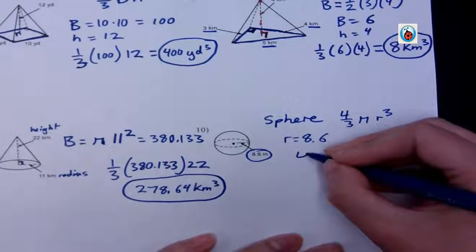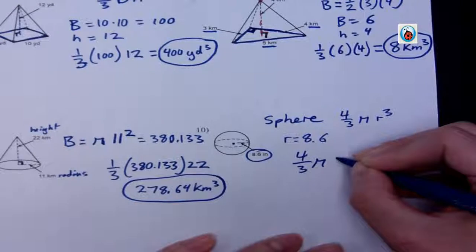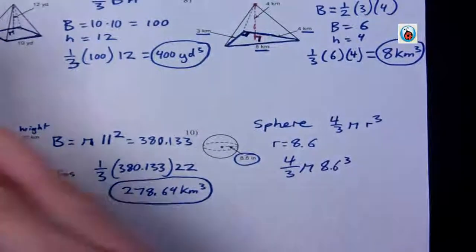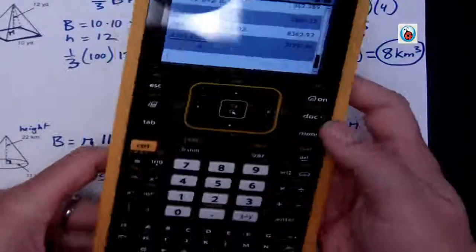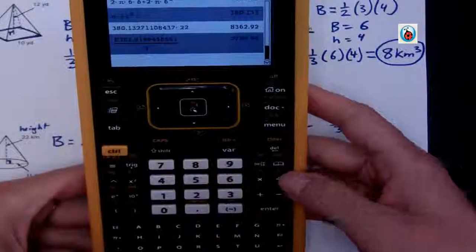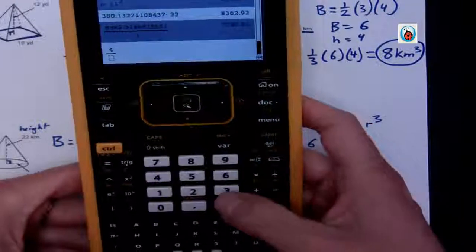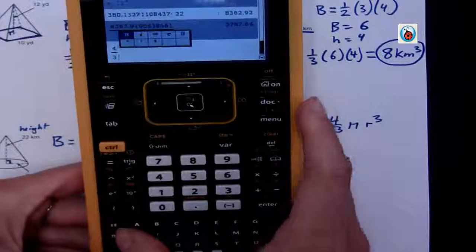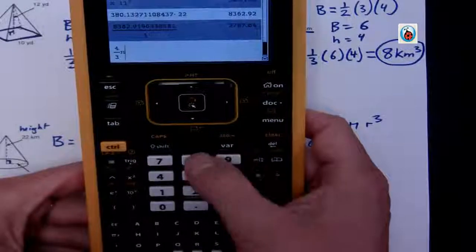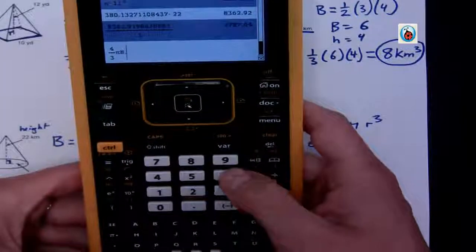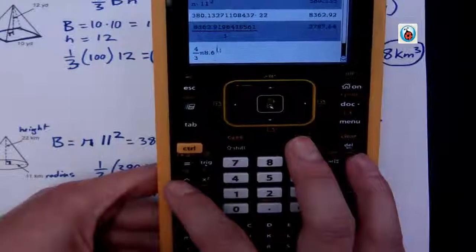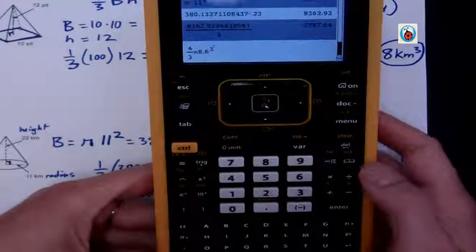And so I plug into my calculator 4/3 pi 8.6 cubed. So we're going to review how to do that in case you forgot how to do cubed. So 4/3, I do my control divide to get my box. 4/3, put in my pi button. Then I put in my radius. And to get cubed, I push this little up arrow right here, and then type in a 3 for cubed.